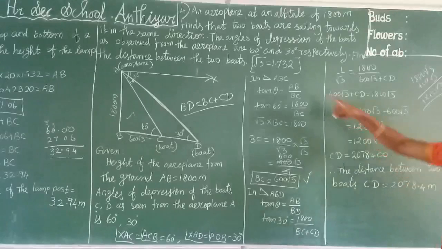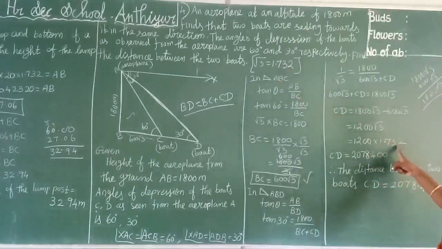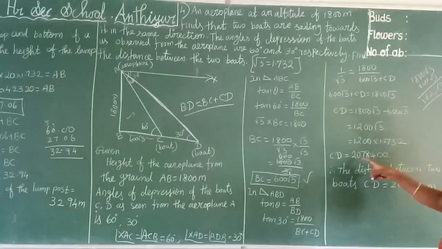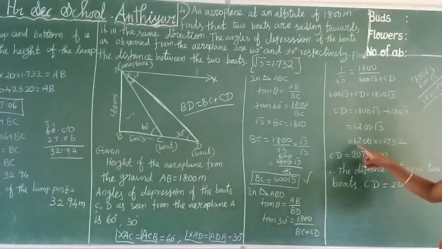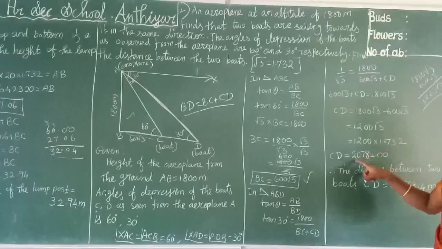The value of root 3 is already given in the question as 1.732. So 1200 into 1.732. Multiplying, we get this answer: 12 2s are 24, remainder 2; 12 3s are 36 plus 2, 38, remainder 3; 12 7s are 84 plus 3, 87, remainder 8; 12 1s are 12 plus 8, 20.